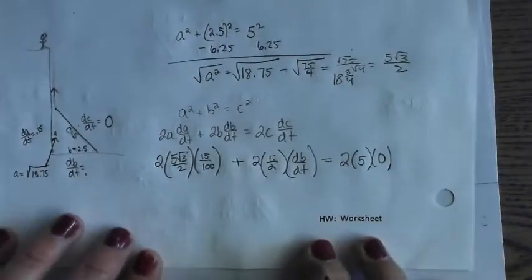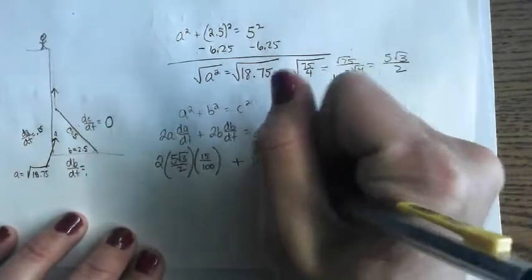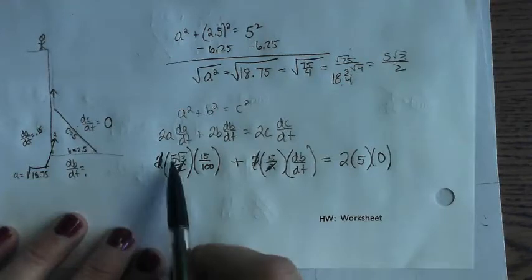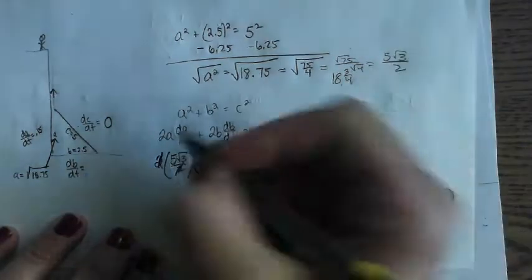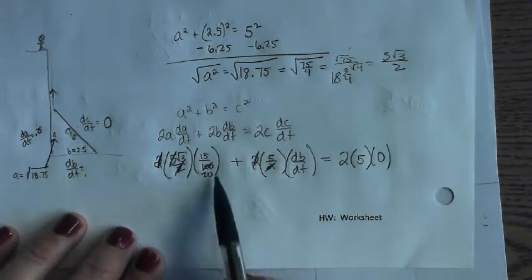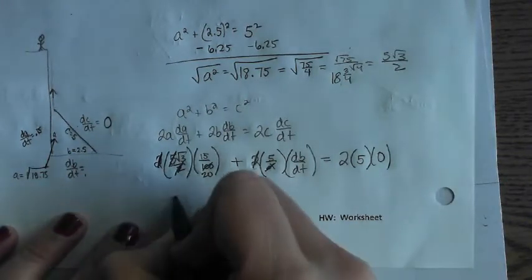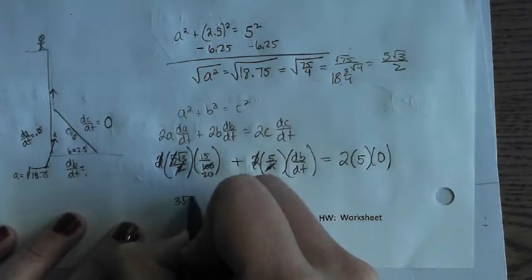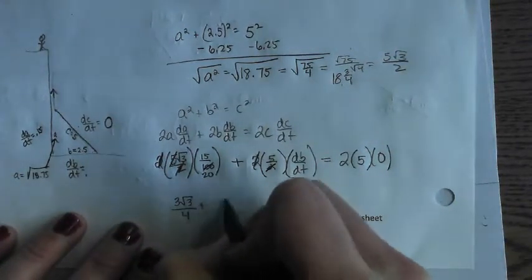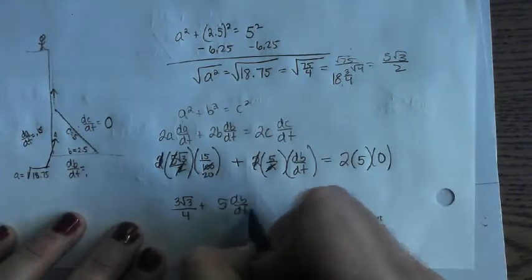Okay, so some beautiful stuff is about to happen. Our 2's cancel. The 5 and the 100 become 1 and 20. 15 20ths is 3/4. So I'll do 3 root 3 over 4 plus 5 dB/dt equals 0.